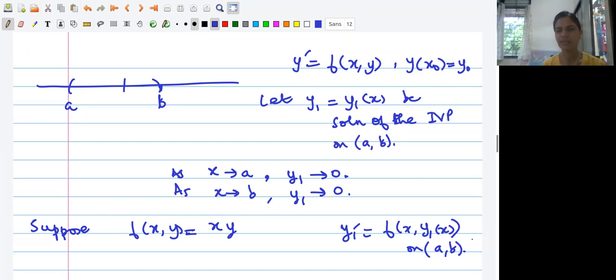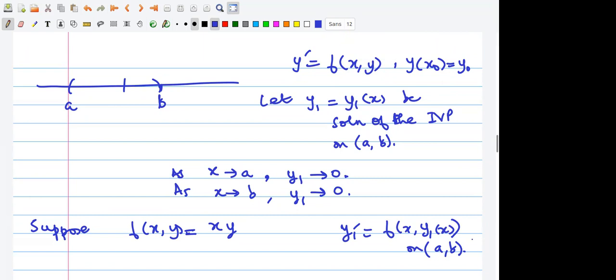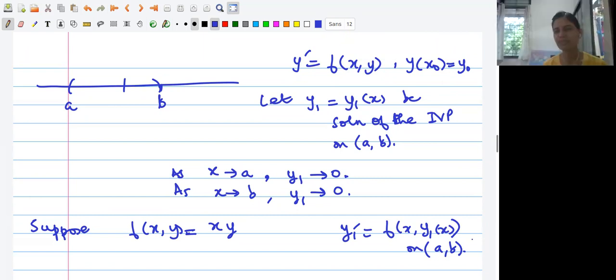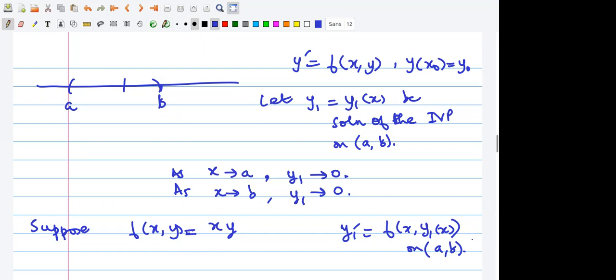So if y1 is a solution, yes, ma'am, my mistake, I got it. So y1 is a solution of this, so that means just this. Now, outside that interval, you have to investigate what happens in that particular example. Yes, ma'am. Thank you, ma'am.